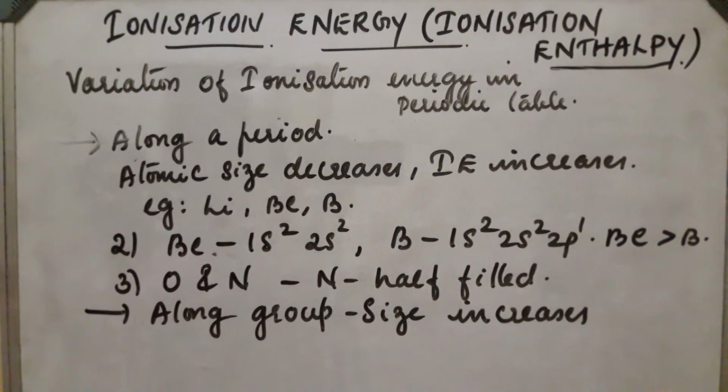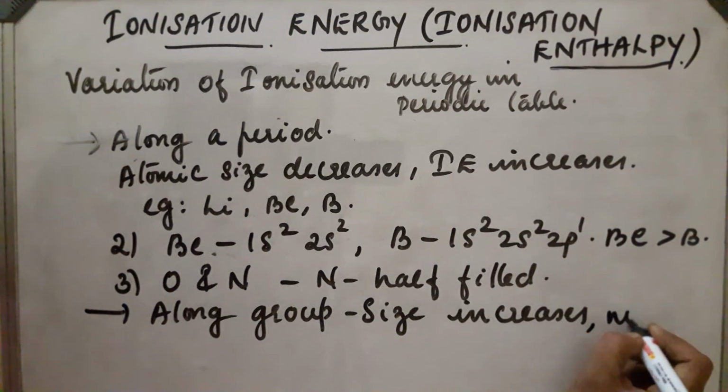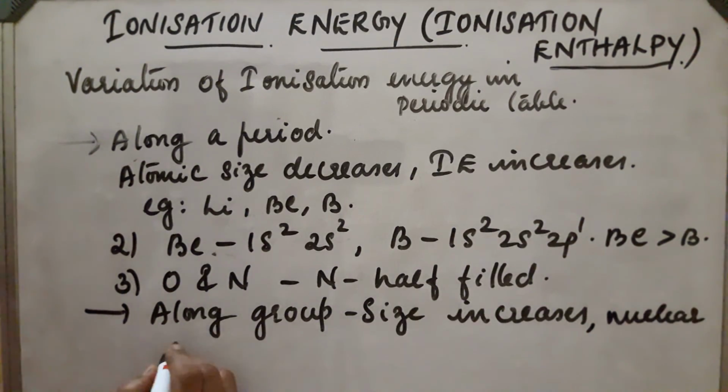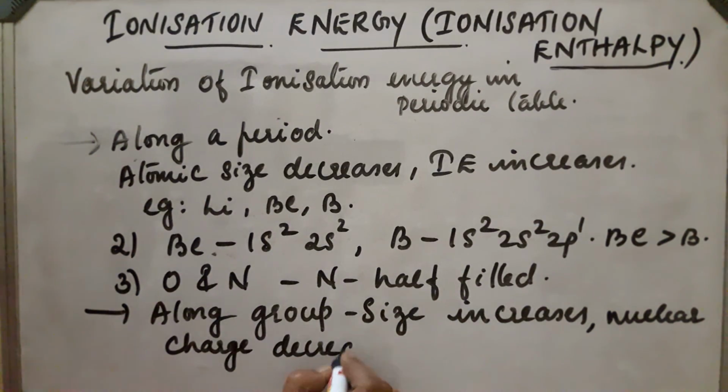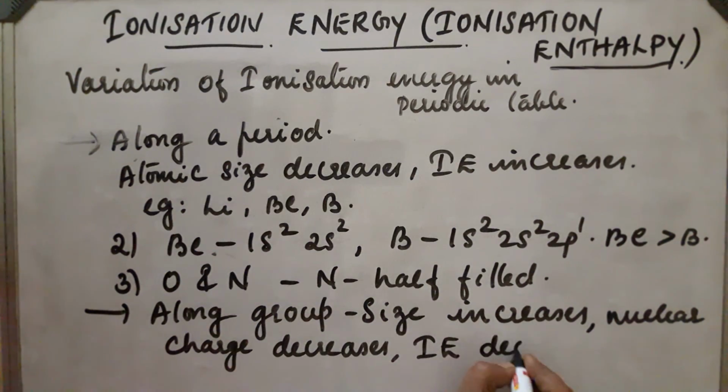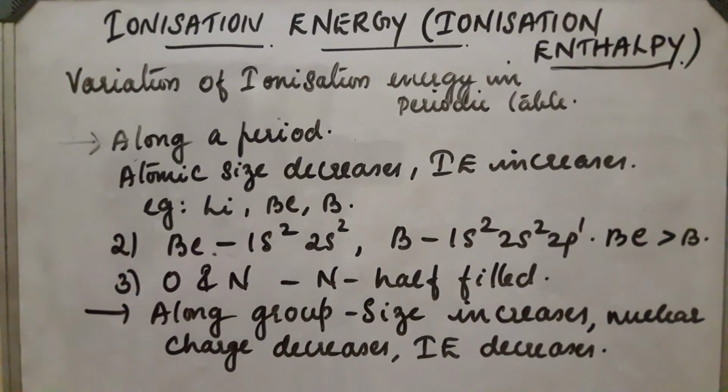There is also the shielding effect, the shielding of the outermost electron by inner electrons, so the effective nuclear charge decreases, and ionization energy decreases.